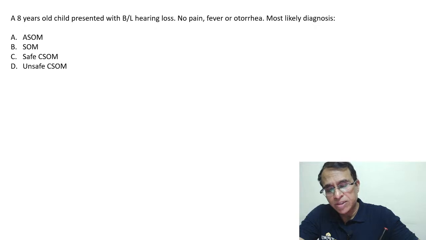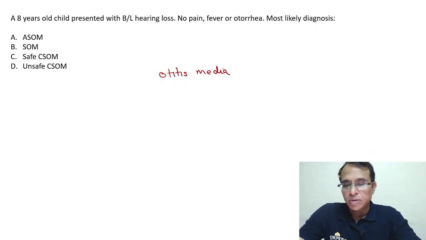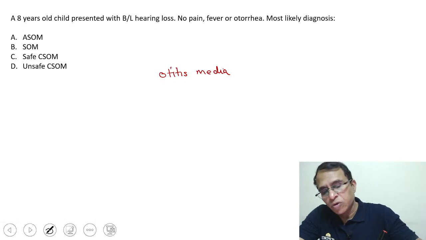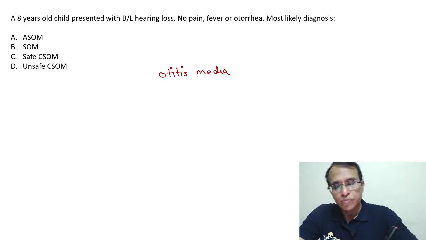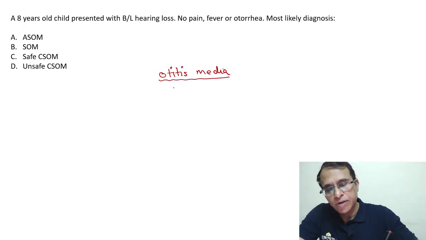Now, if a patient of otitis media, listen to this very carefully, a patient of otitis media will always complain of hearing loss. Hearing loss will always be a complaint.